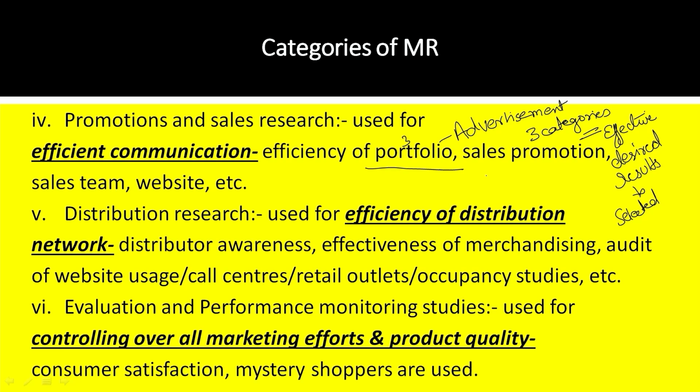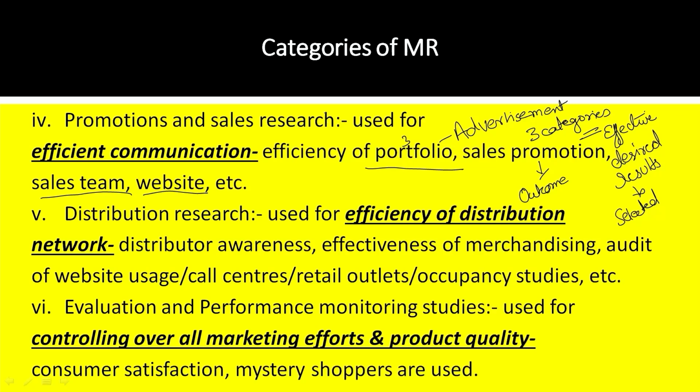Okay. Now next is sales promotion. So what is the output or the final outcome of sales promotion? How efficient was that? Next is how efficient is your sales team, or how efficient is your website. So these kinds of research are done in promotion and sales research.